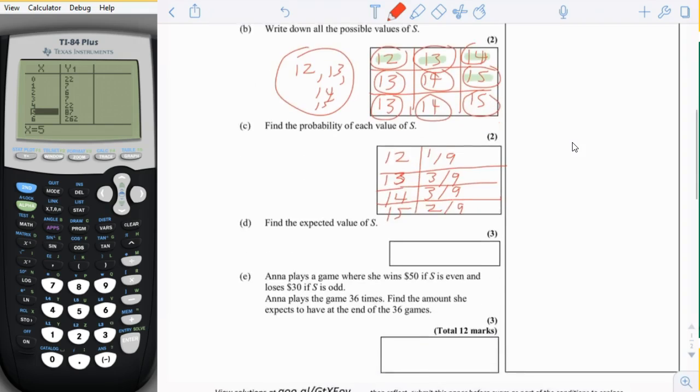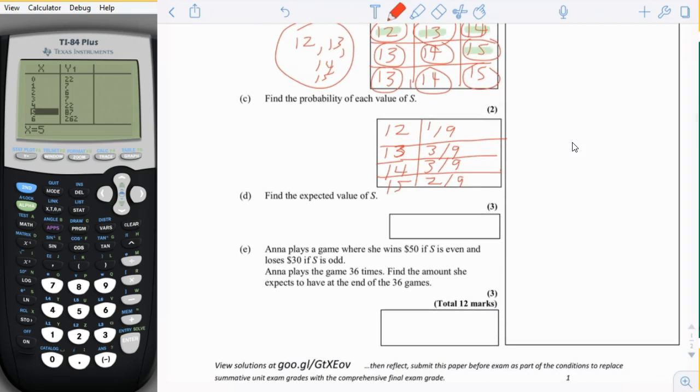Okay. Find the expected value of S. Okay, remember that the formula for the expected value is to take the outcome value and multiply it times the probability value and then sum them all up.